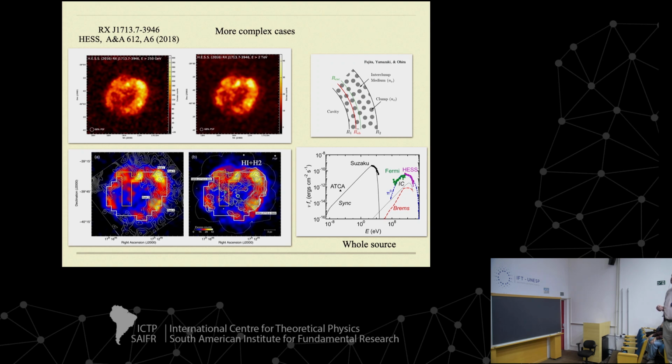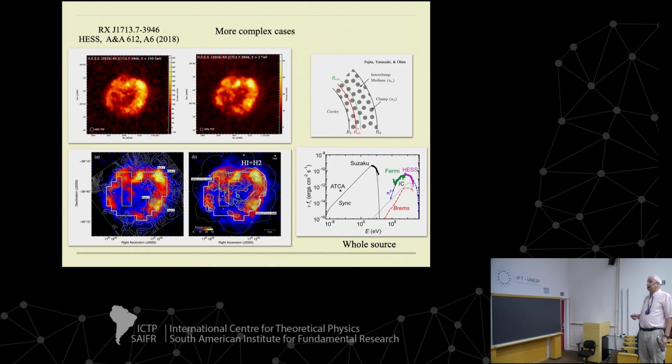These are the images obtained by H.E.S.S. This is for energies above 250 giga-electron volts, and this is for energies above 2 TeV, tera-electron volts. So you see that it's a kind of a shell type. The interior is empty. You see the shell clearly.